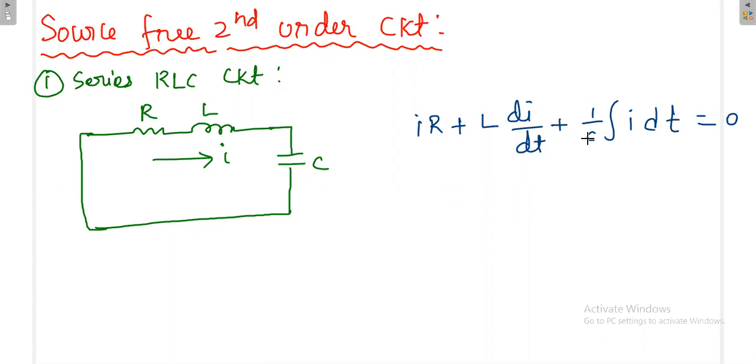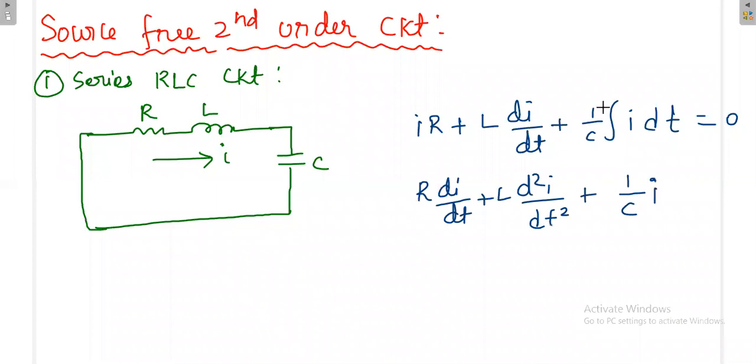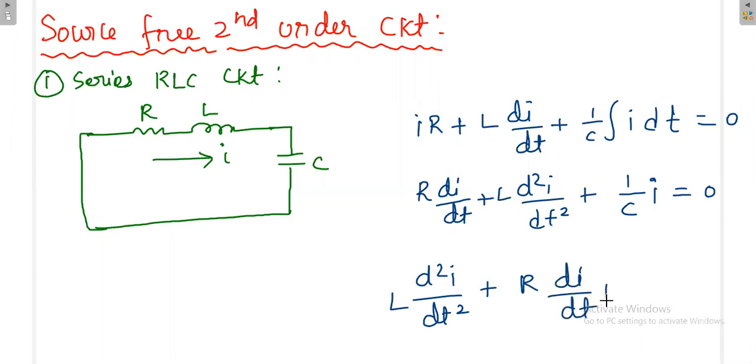Differentiating one time, we get R di by dt, plus L d square I by dt square, plus 1 by C into I, since the differentiation and integration cancel. So L d square I by dt square plus R di by dt plus I by C is equal to 0.